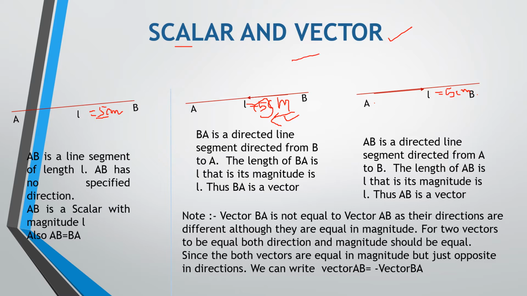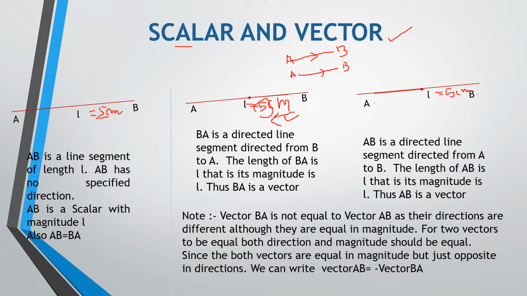So again, here the point A to B, we are considering the same length of line directed from A to B. Another object from A to B, which is equal, means we have to consider a parallel vector direction.